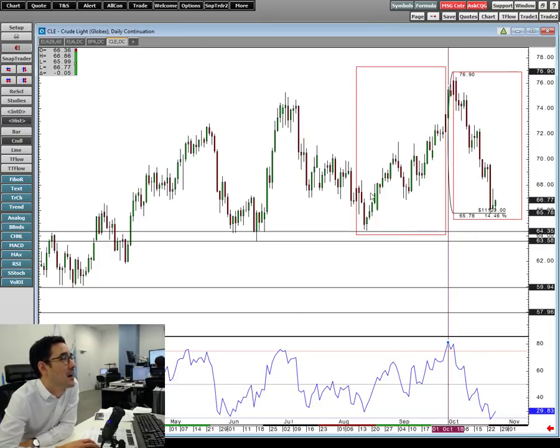So why did we move higher? Obviously there's this ongoing growth in the US economy. Data had been pretty outstanding, so helping on the demand side. All the meanwhile, people were repositioning for the prospects of the Iran sanctions coming in and tightening supply.